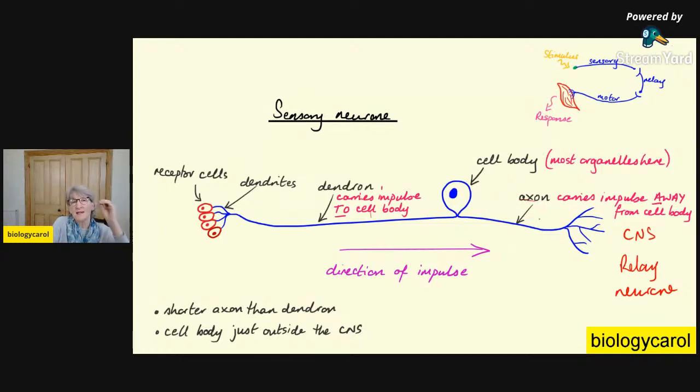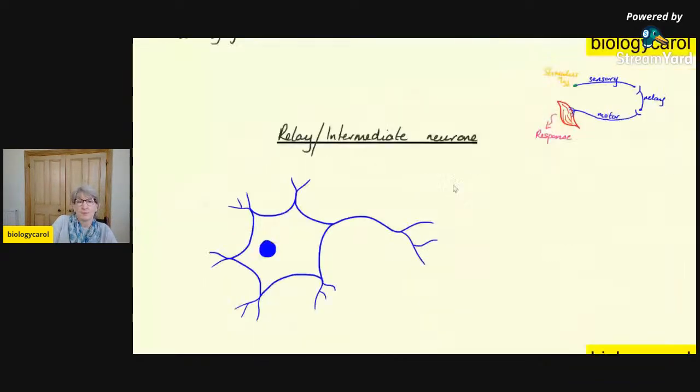And therefore, doesn't it make sense that the axon, in practically every situation of the sensory neuron, is much shorter than the dendron? Because if the dendron's going from my fingers up to the brain, this is the length of the dendron. The cell body is just on the outside of my brain, and then the axon takes it into the brain. The axon is always shorter.